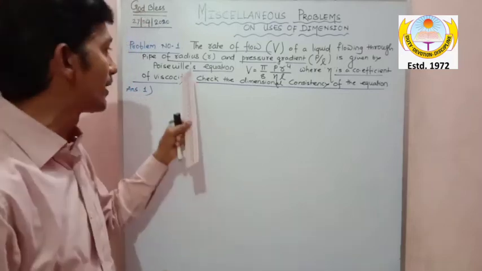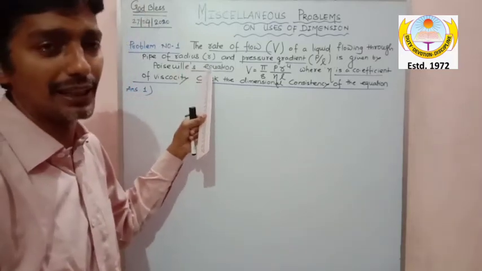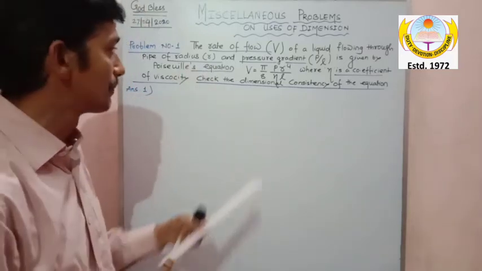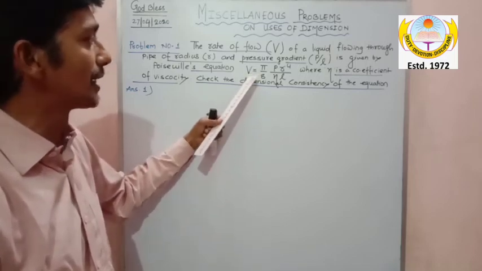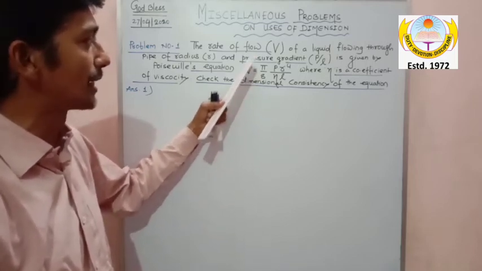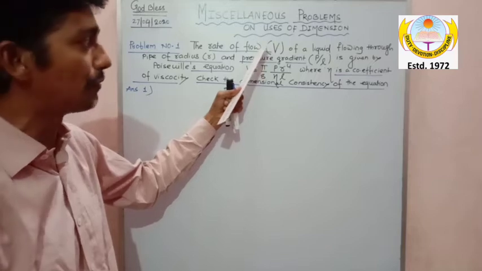So don't be afraid of this kind of words in the exams. That Poiseuille's equation is given by capital V, and what is capital V? That is the rate of flow of liquid.